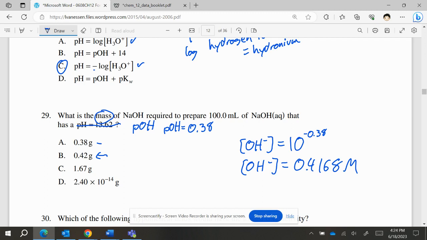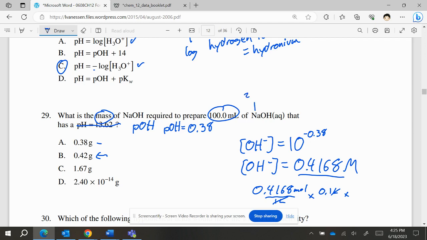So what I'm going to do with this number is multiply it by, I want moles. So 0.4168 moles per liter, and I want liters to go away, so I'm going to multiply by the liters that we have, 0.1 liters, and that cancels out. Now I have moles of NaOH, but I want grams.